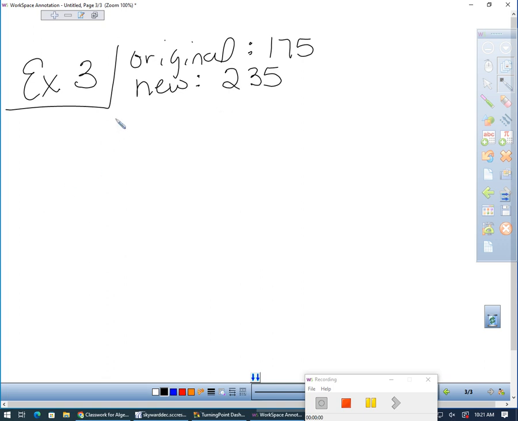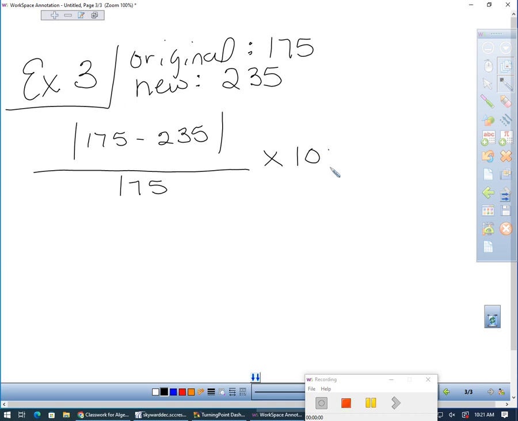So inside the absolute value, Andrew, tell me what we got. Good. And tell me, Marley, what are we dividing by? Good, 175. And we're timesing by 100. Inside the absolute value, 175 minus 235 is negative 60. But it's inside the absolute value, so what does that mean?